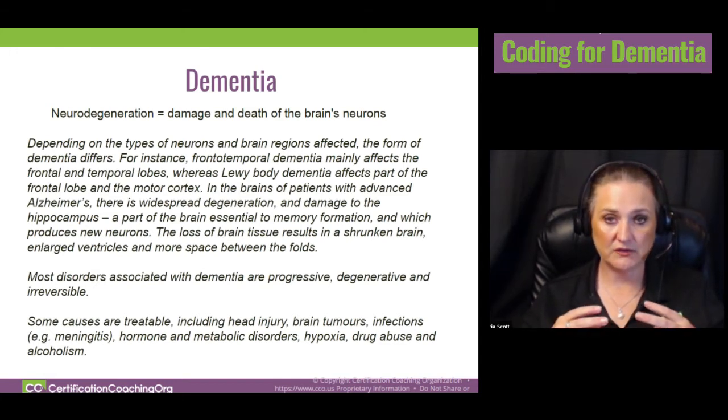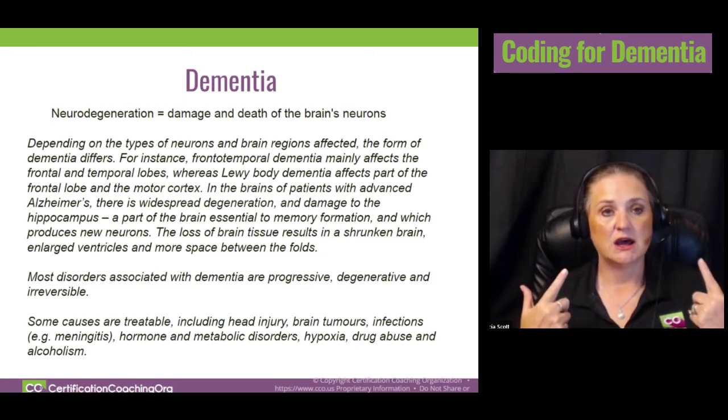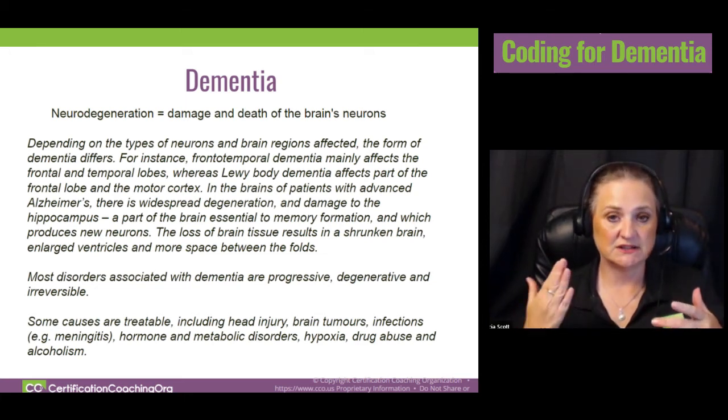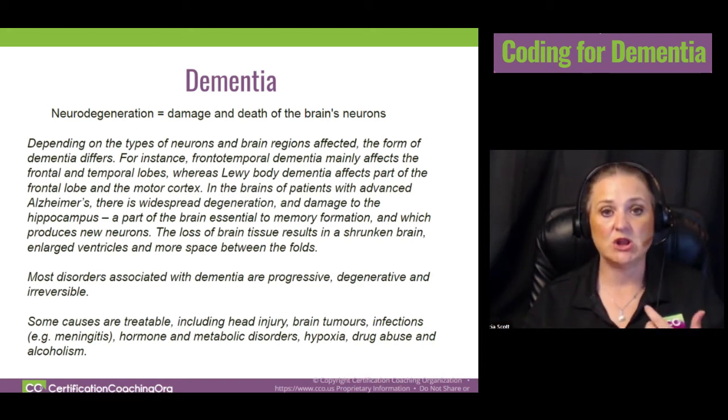Sometimes if there is damage to the brain or a problem with the brain, it can be treated. However, not usually dementia itself. So when you think of somebody having a head injury, let's say they were riding a motorcycle, had a wreck, and had their helmet on, but there was still trauma to the brain. Again, they could have memory loss.